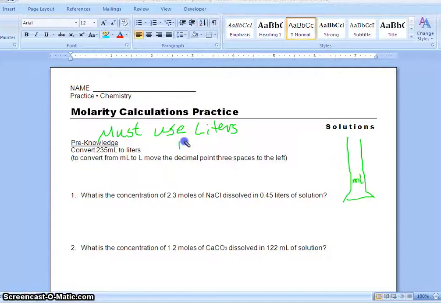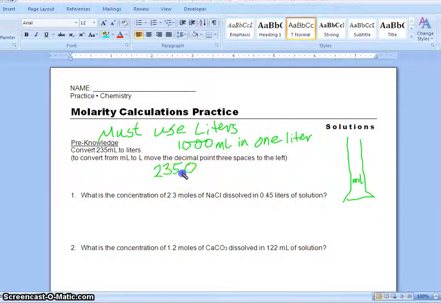There's 1,000 milliliters in 1 liter. So if you've got 235 milliliters and you need to change it to liters, it's going to be not very many liters, right? It's going to be less than 1. Because you need 1,000 to make 1. So we've got 235.0, we've got to divide it by 1,000.